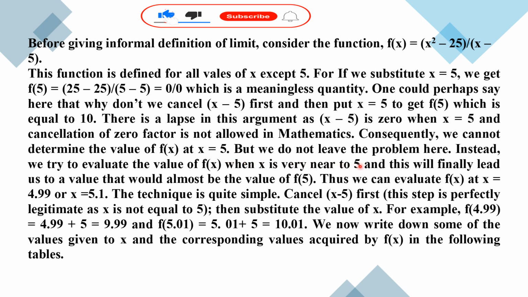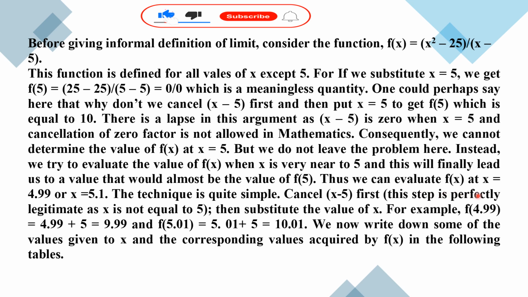But we do not leave the problem here. Instead we try to evaluate f of x when x is very near to 5, and this will lead us to a value that would almost be the value of f of 5. After cancellation, f of x equals x plus 5, and we put the values into x plus 5.